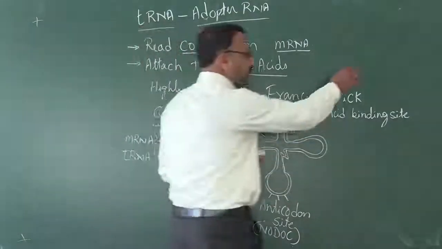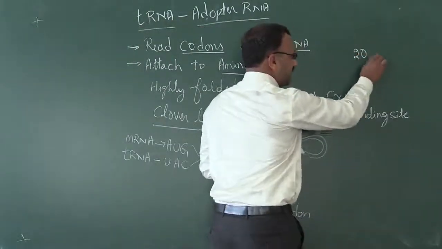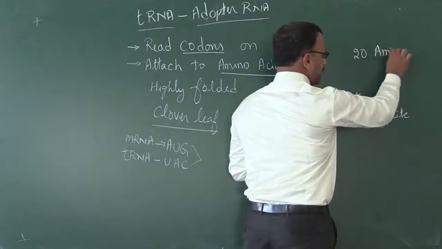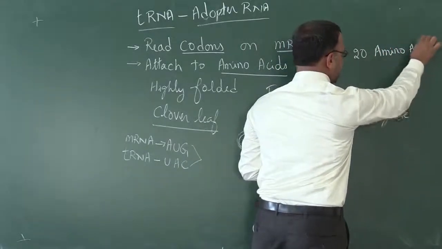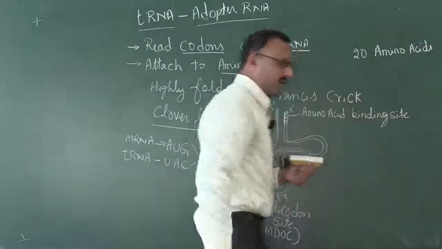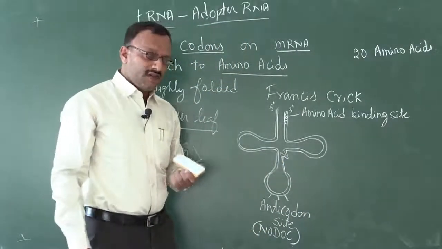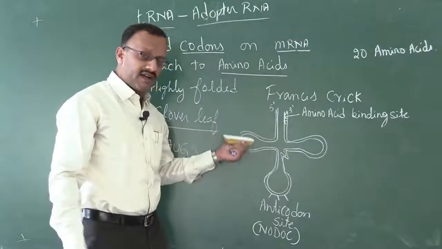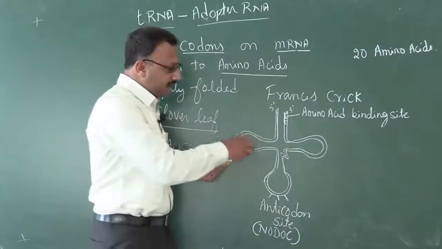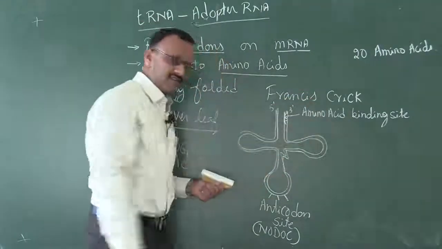As we know, 20 different types of amino acids are present. To carry each amino acid, a particular tRNA will bind to the particular amino acid.